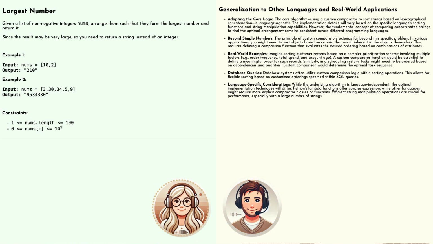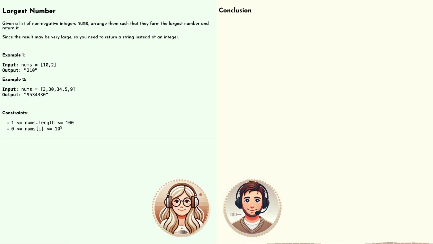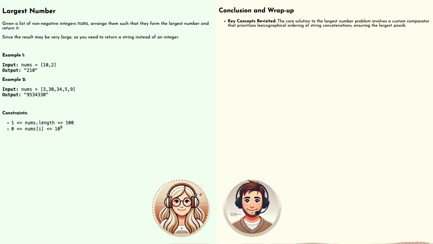It's amazing, isn't it? This problem seems so specific at first, just arranging numbers to make a big value, but it leads to some really powerful ideas about sorting in general. It shows how exploring niche coding problems can teach you things that apply in so many different areas. Well, I think that about wraps up our deep dive into the largest number problem.